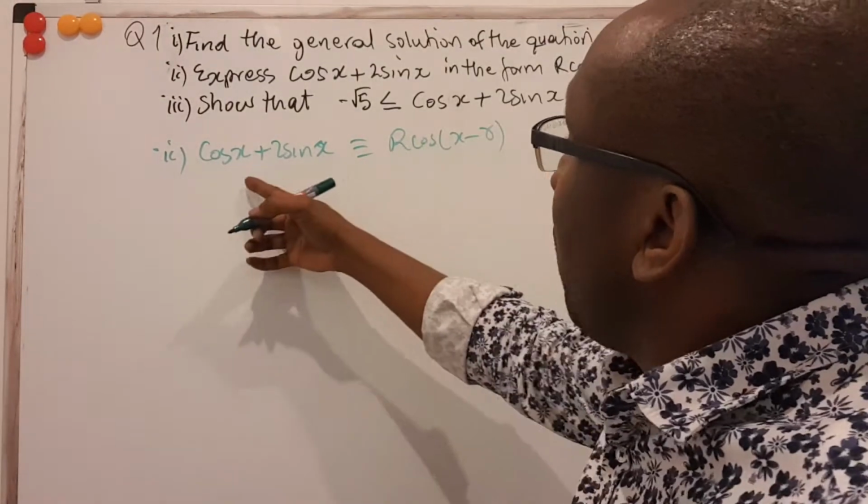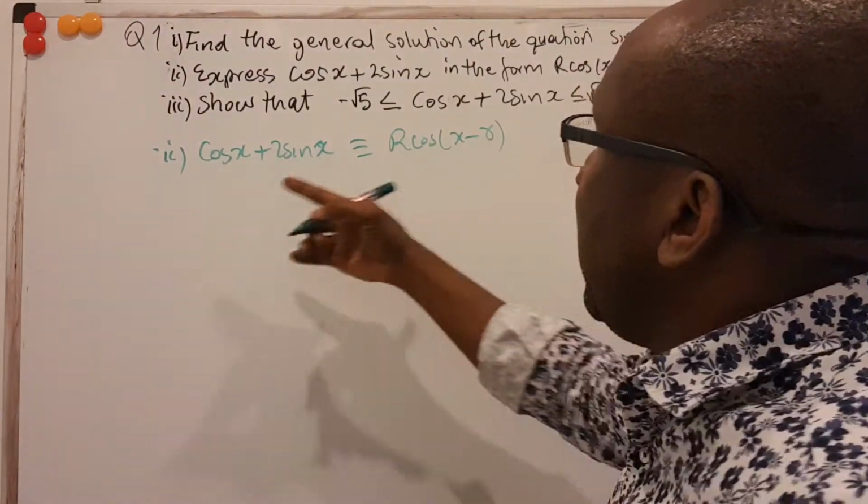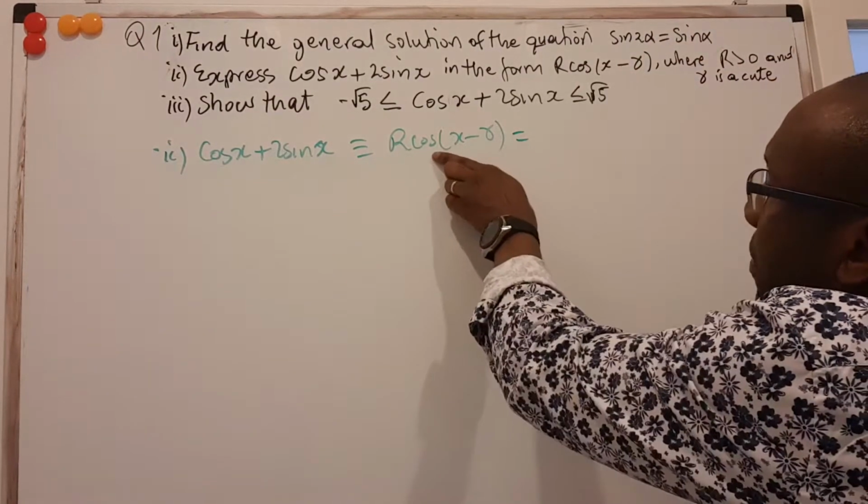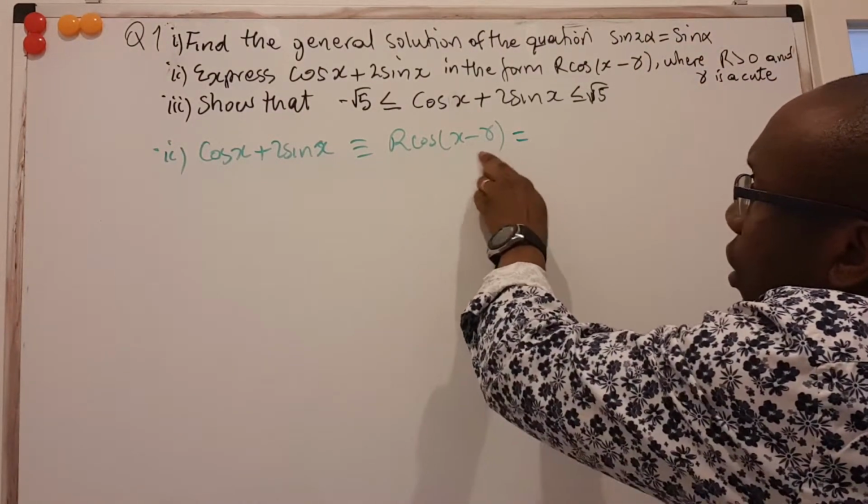If this is the case, what we normally do, the simplest way, is to expand this and then equate terms. So if I open this up, you have to remember the relationship between cos of two functions.